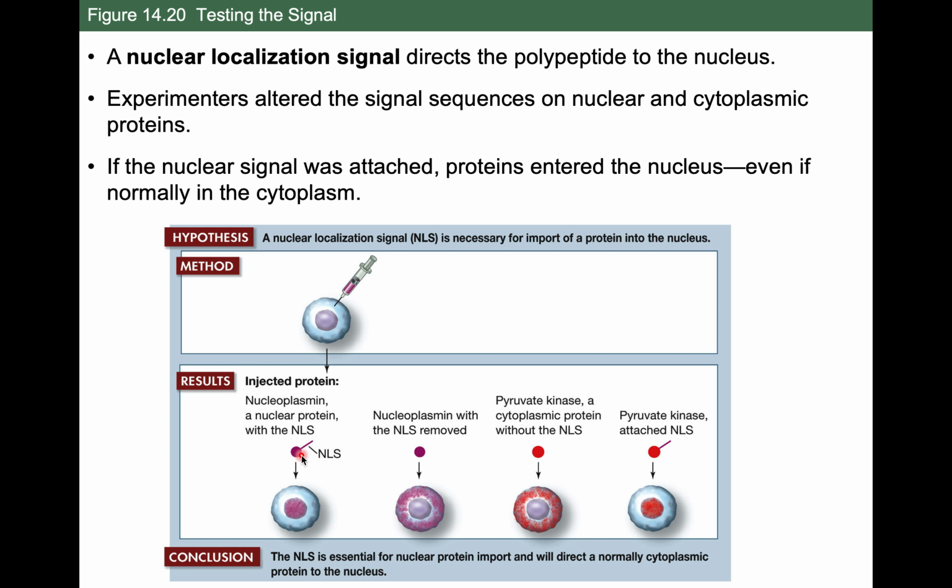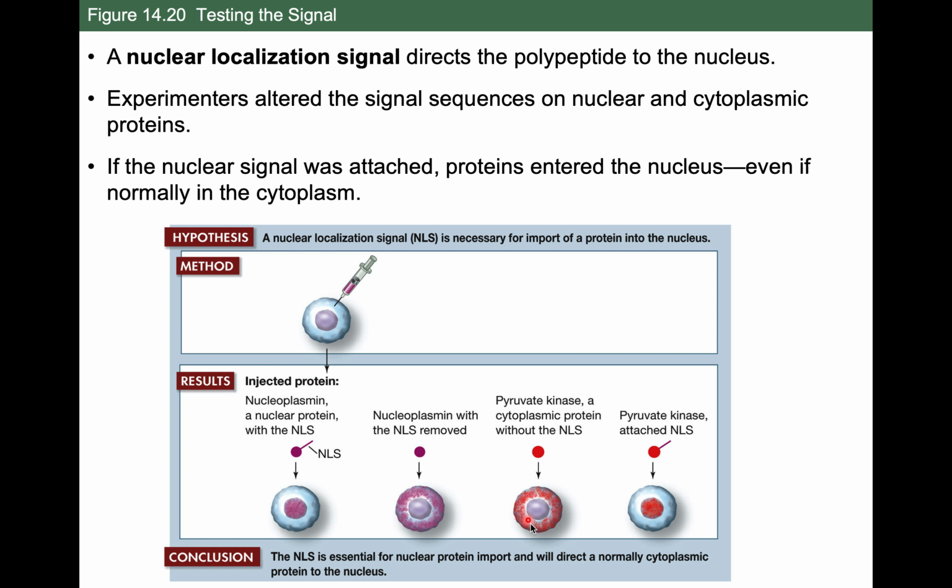We take that same protein and we engineer it so it no longer has those amino acids that make up the nuclear localization signal, and now none of it goes to the nucleus. We inject it and it just stays in the cytoplasm. And then just to show proof of concept, you could take the NLS from this protein and attach it to this other protein over here that normally doesn't have one and doesn't go to the nucleus.